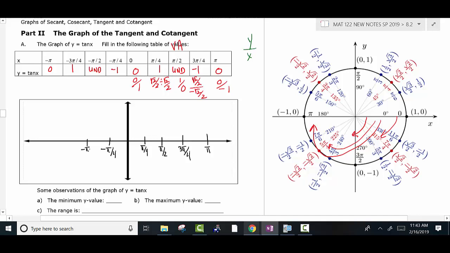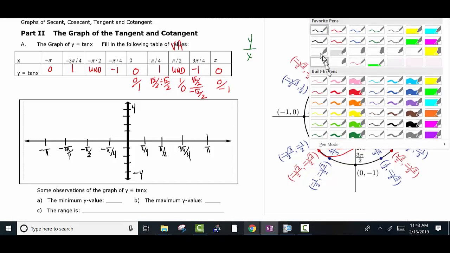Let's get everything set up for plotting points, then we'll talk about the meaning behind what this table of values is doing. I'm going to recommend we go up to not 1, but to 4 or 5. Let's just go up to 4 and then down to negative 4, and then we're going to focus on plotting points.